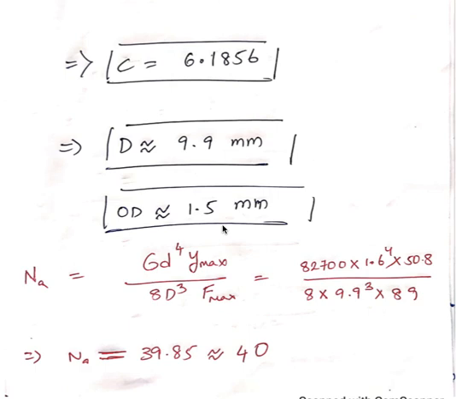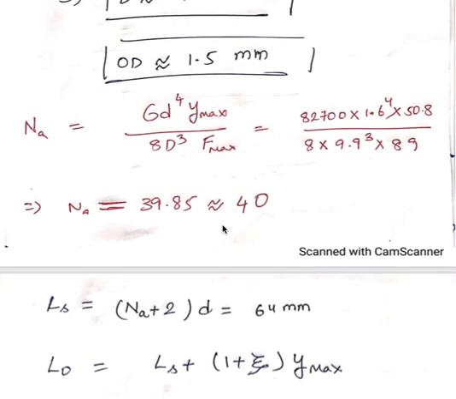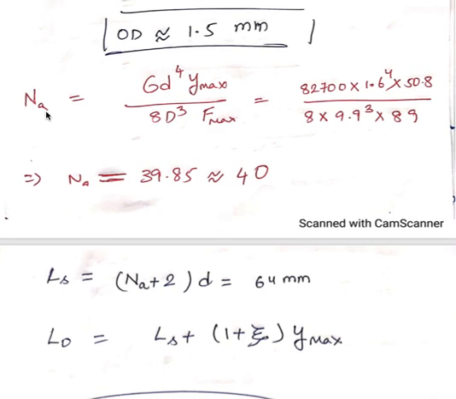Now once you have this information, you can go ahead and determine the number of active coils which are required in order to cause a deflection of 50.8 mm for a load of 89 newtons. So using the information for the shear modulus of the wire diameter, deflection, mean coil diameter, and the maximum force, we get the active coils to be equal to 39.85, rounded off to 40.